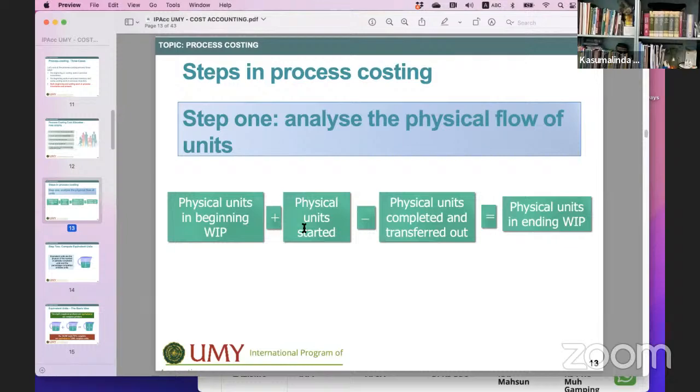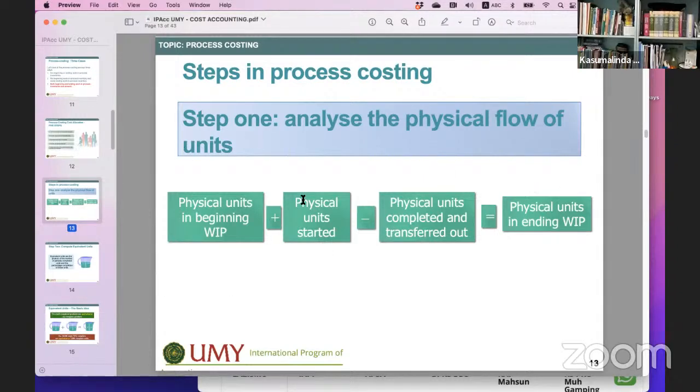So these two are related to each other, and these two are also related to each other. This one is the units that you want to process at the beginning, and these two are the results of the process at the end of the period.